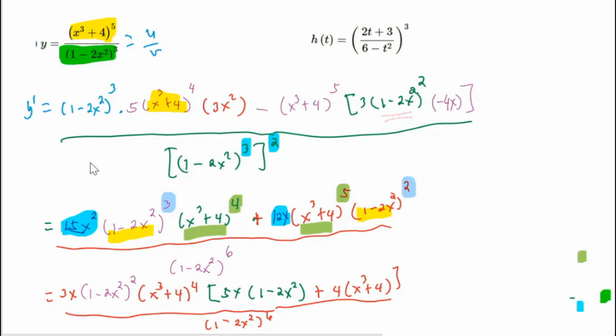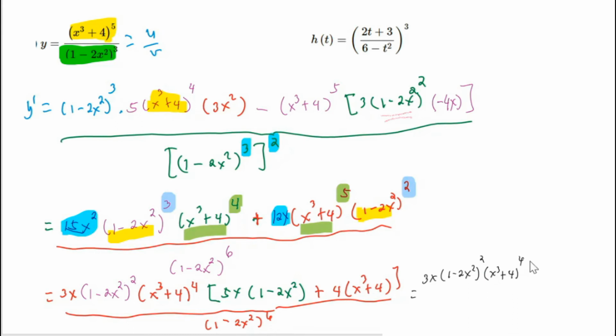We can still simplify further by simplifying inside the bracket. So by simplifying that one, I'll copy the first three terms. We can write now 3x times 1 minus 2x squared to the power of 2 times x cubed plus 4 to the power of 4.